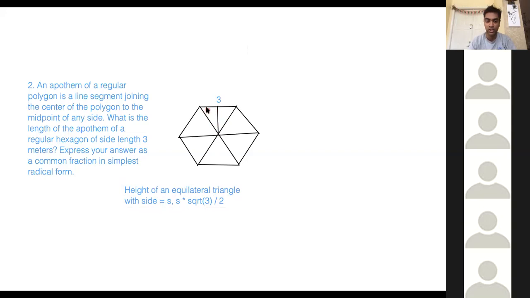So this would be half of the length here, 3/2, times √3 as the height. So using that, the answer should be 3√3/2. Any questions on this?